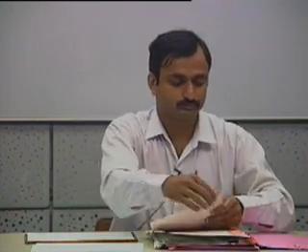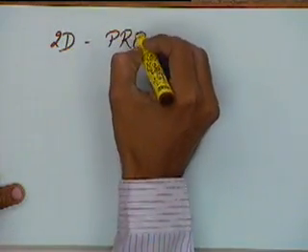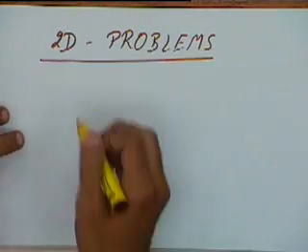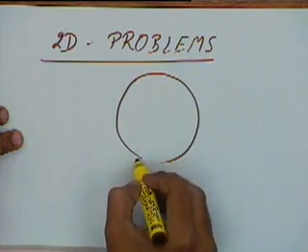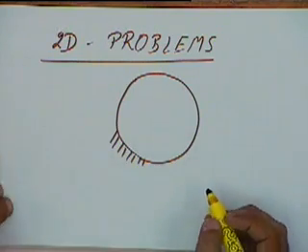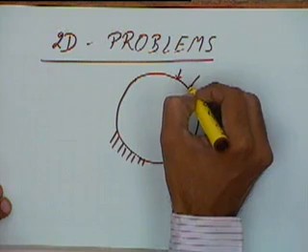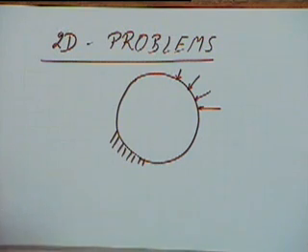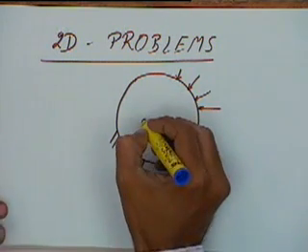And in 2-dimensional problems, if you have any object like this which is having some boundary conditions and some external forces acting on it, what we will do is we will take any arbitrary point here.